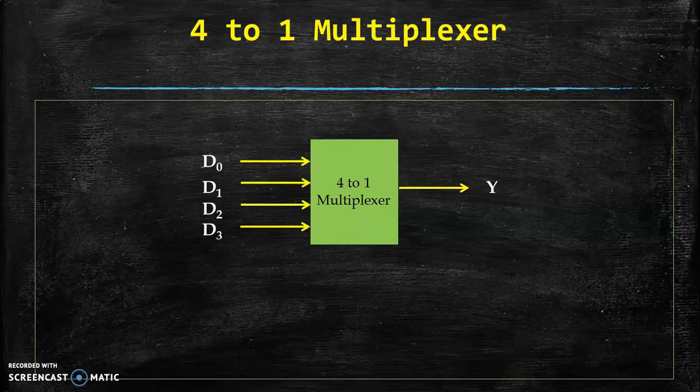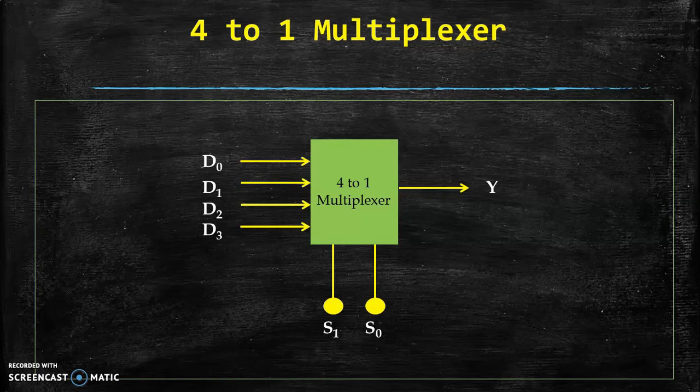So we require 2 select line for 4 to 1 multiplexer. So we have S0 and S1. Now based on the combination of S0 and S1, any one input data, either D0, D1, D2 or D3 will be transferred to output, and that is the function of multiplexer.